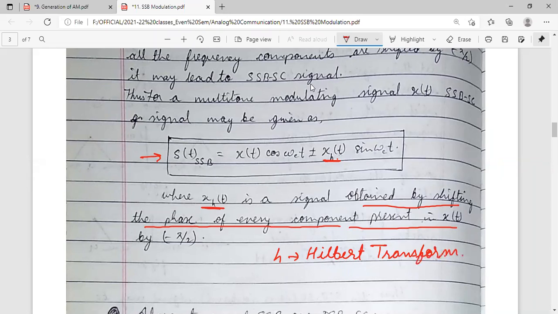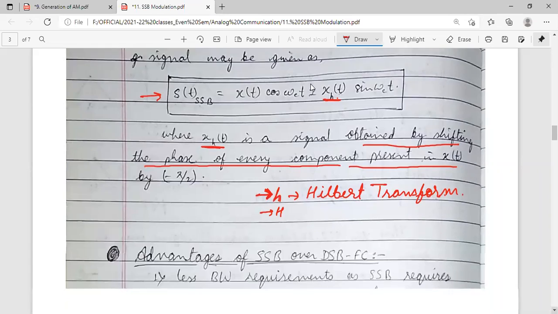So what does this Hilbert transform do? It gives a phase shift of minus pi by 2. In some books you can see this h as a small h or a capital H, so do not bother about this.